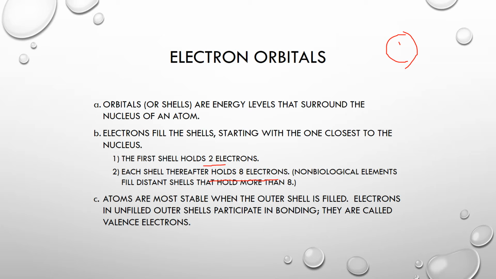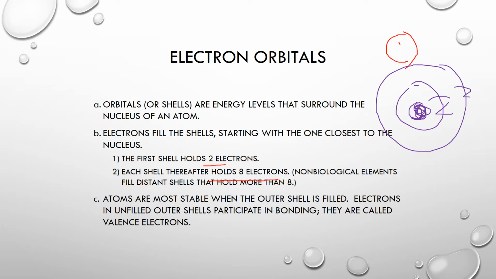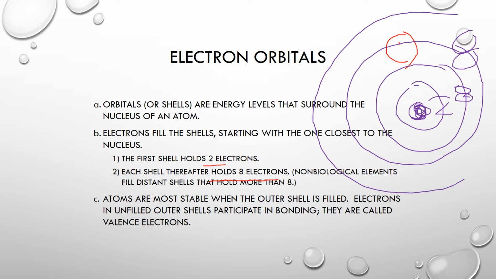So let's do a different example in another color. Here, say we have our nucleus that I'm drawing here. This first shell around the nucleus can only hold 2 electrons, but then every orbital after that can hold a maximum of 8. So if it has 3 shells, for instance, it would just continue having up to 8 electrons.